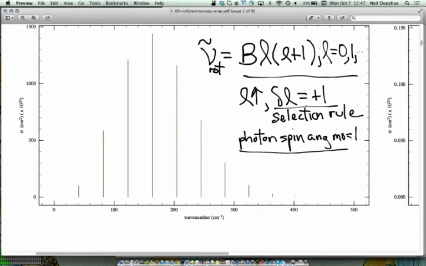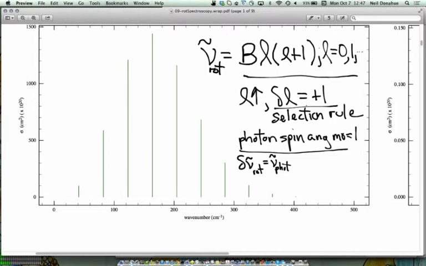I can't stress this enough, but it's super important that when we do spectroscopy and a photon is absorbed by a system, the energy goes up, and so the energy level of the system goes from an initial value to a final value. So the energy of that photon is equal to the change in energy of the system.